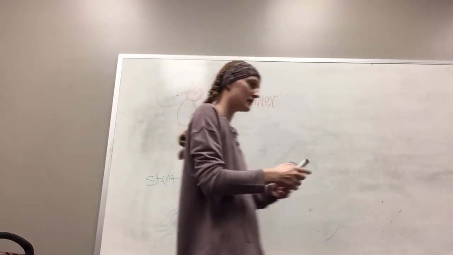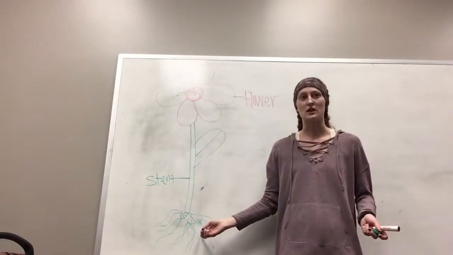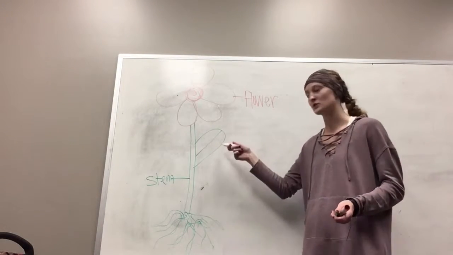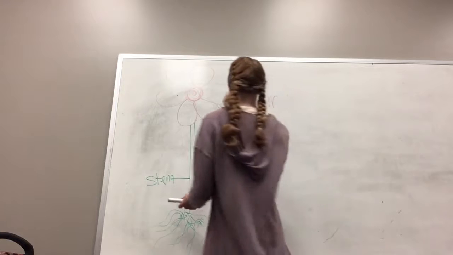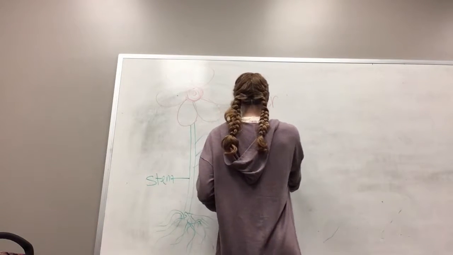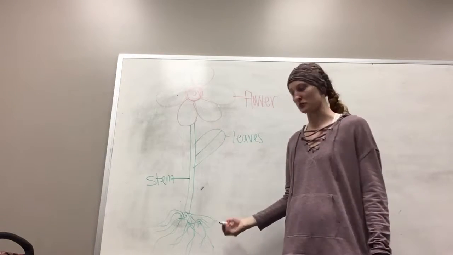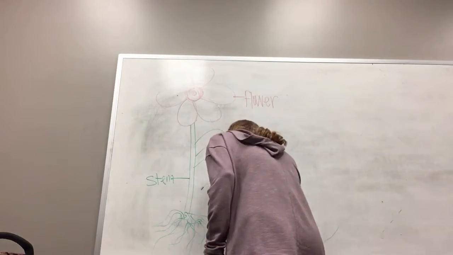Flower, stem, leaves. Okay, so we're on leaves. Wait, this was the leaves, right? No. This one? Yes. Thank you so much. Okay, and then last, we have roots, and these are the roots, right? Perfect.